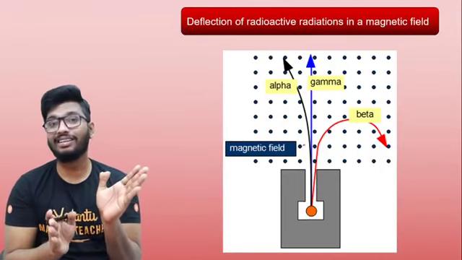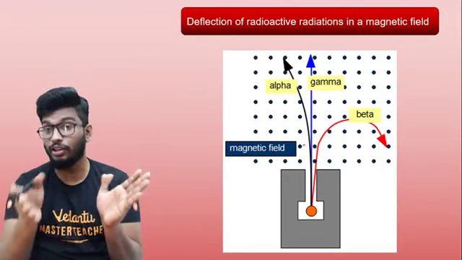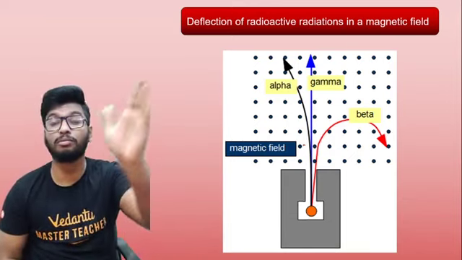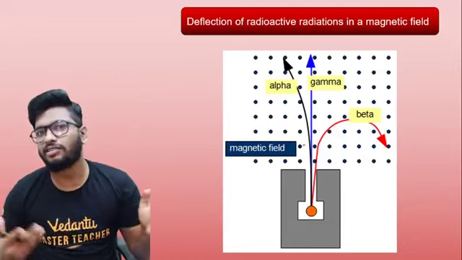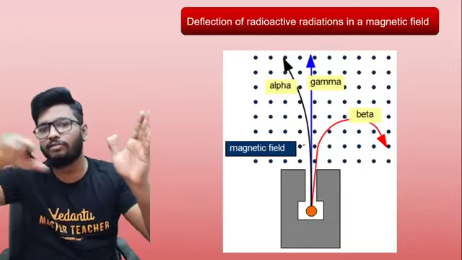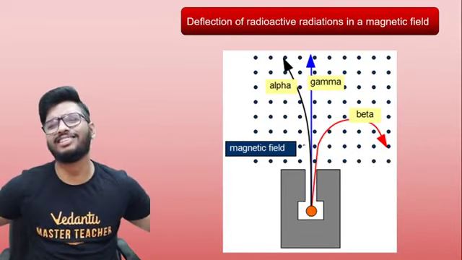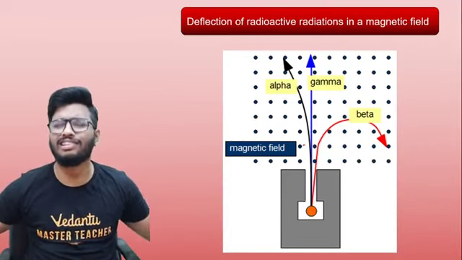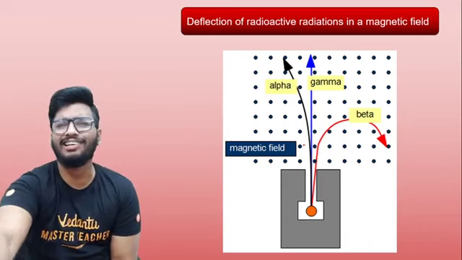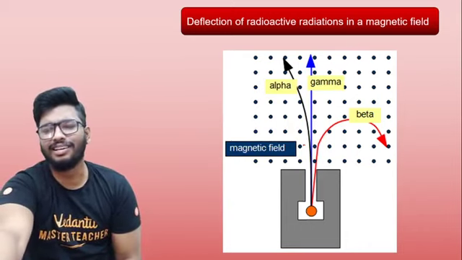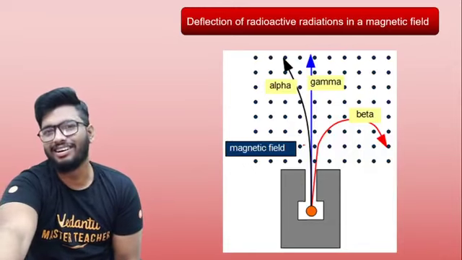The beta particles will deflect towards the right, and you see that the beta particles are deflecting far more. Why? Because alpha particles are much heavier. Beta particles, on the other hand, are very light, so they'll get deflected more, and gamma particles will pass through unaffected. They don't care whether it's a magnetic or electric field. They'll pass through undeflected, straight.